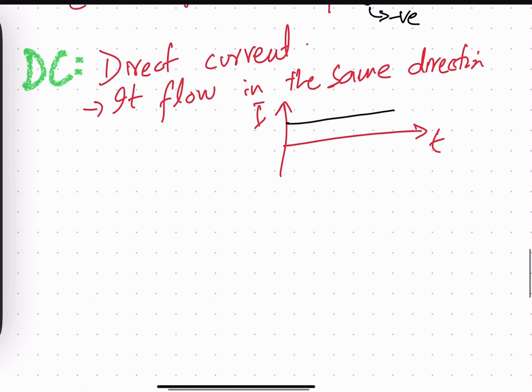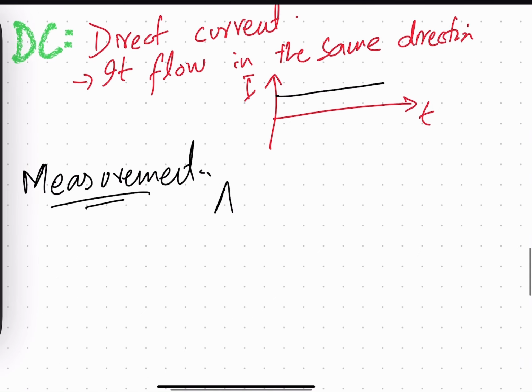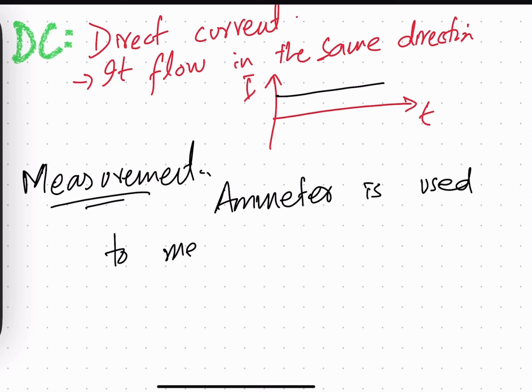So how can we measure currents? For measuring current, we need an ammeter. An ammeter is used to measure current.